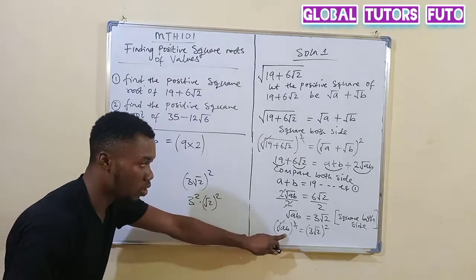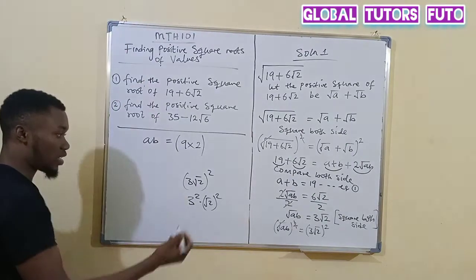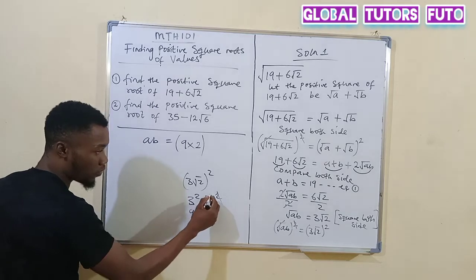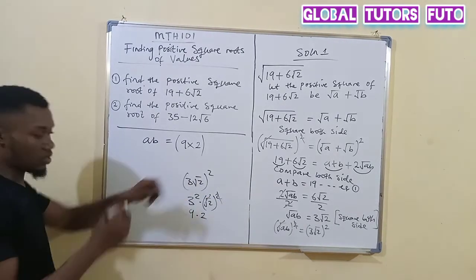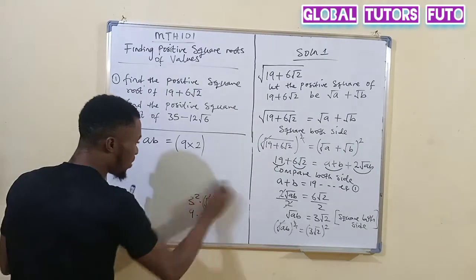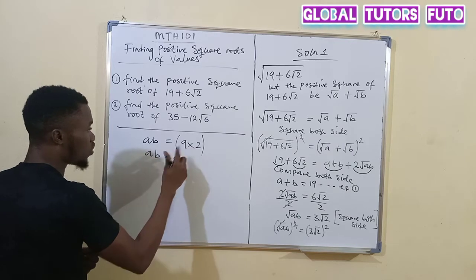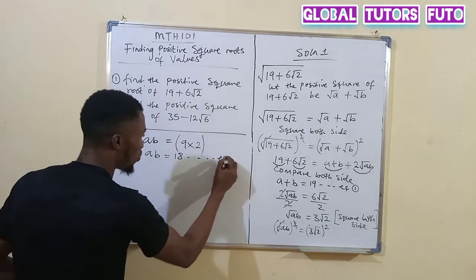Remember that when you have a root of something raised to power 2, the power of 2 can easily cancel the root. So 3 raised to power 2 gives us 9, times, now the power of 2 cancels the root, we have 2. That is how I got this. So when we simplify this, we will have that our ab is equal to 9 times 2, which is 18.